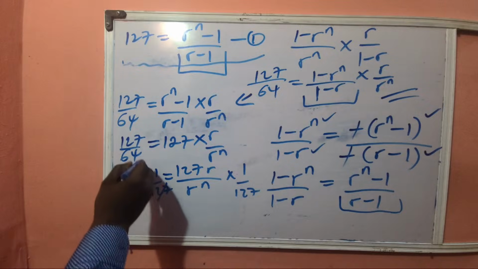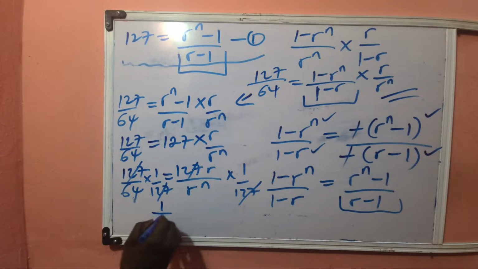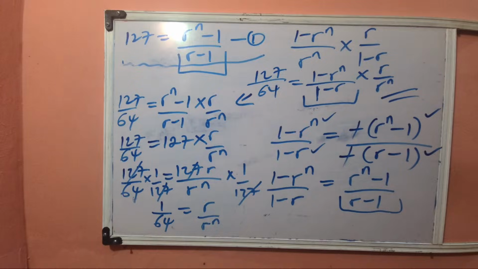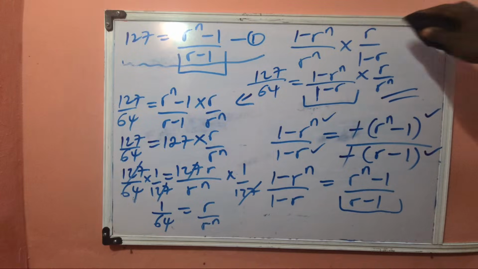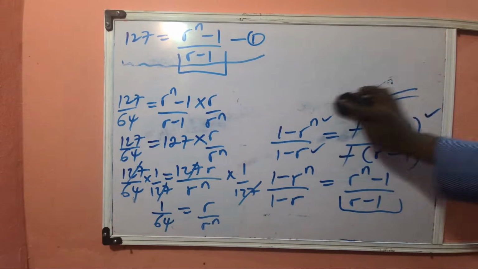Of course, 127 will cancel 127, 127 will cancel 127. I'll be left with 1 over 64 is equals to r over r^n. All right. Now, we are getting closer to a good place. I'm sure you guys are still able to cope. Now, we have gotten to a very good place.